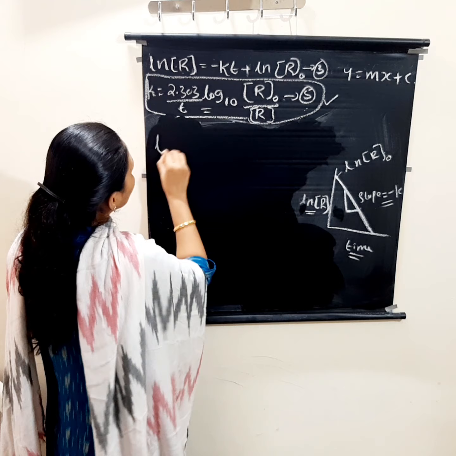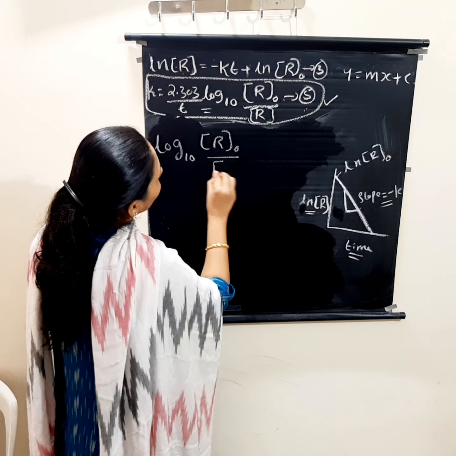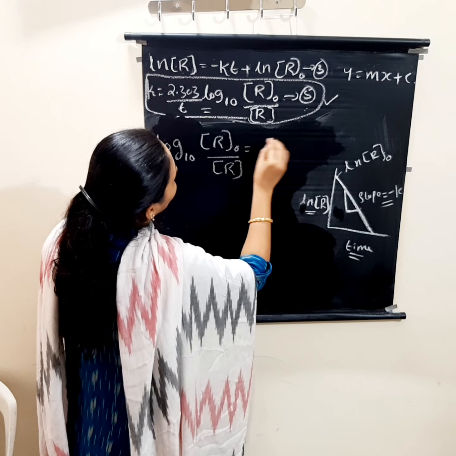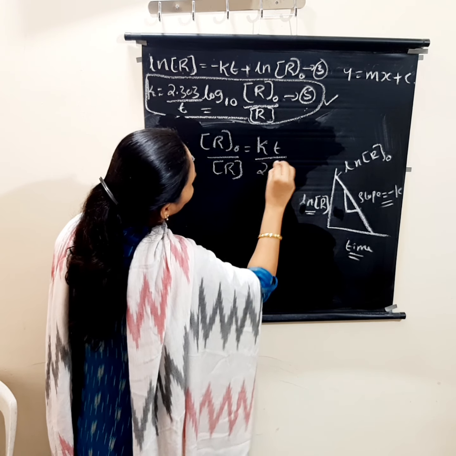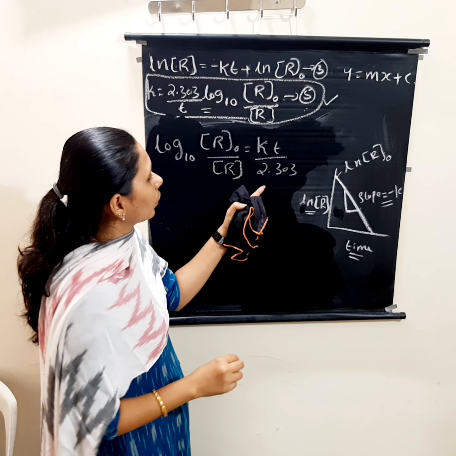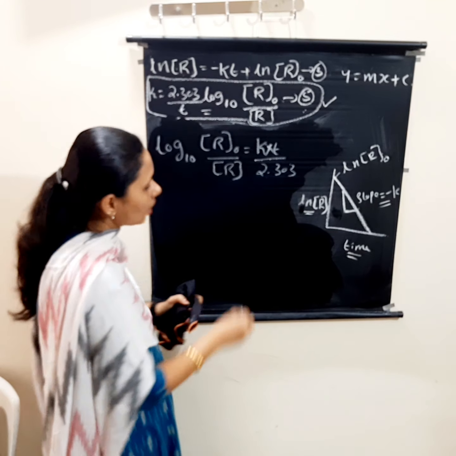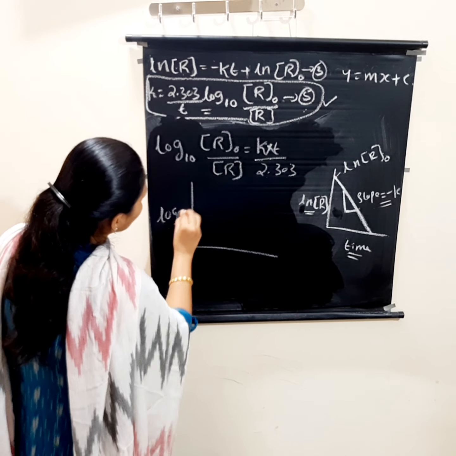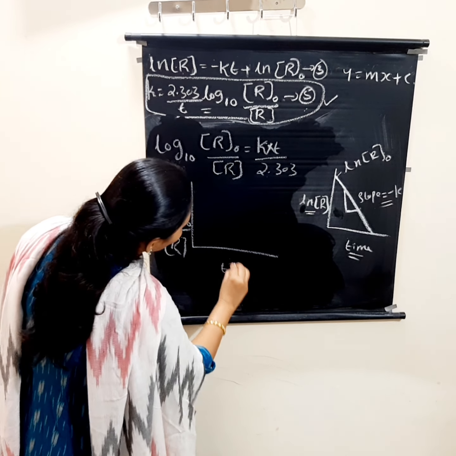Just rearranging that equation, log10 of the concentration R0 divided by R equals kt divided by 2.303. K into t divided by 2.303. Just rearranging this equation, there is a graph between log R0 divided by R, concentration of R, against time.